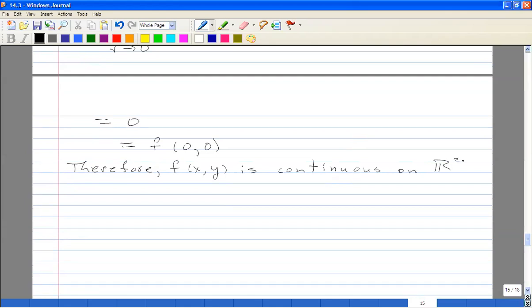Okay, good. Let's look at the partial of f with respect to x.